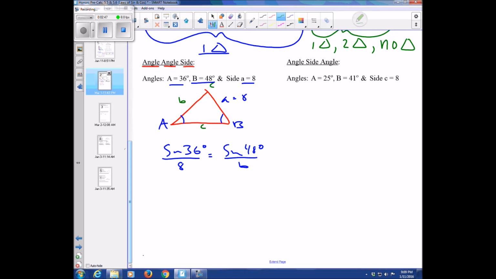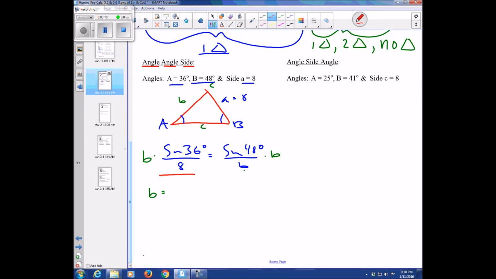Now what we've got is an equation involving the variable side little b. To solve for B, we multiply by B on both sides, and then we multiply by the reciprocal of sine of 36 over 8.